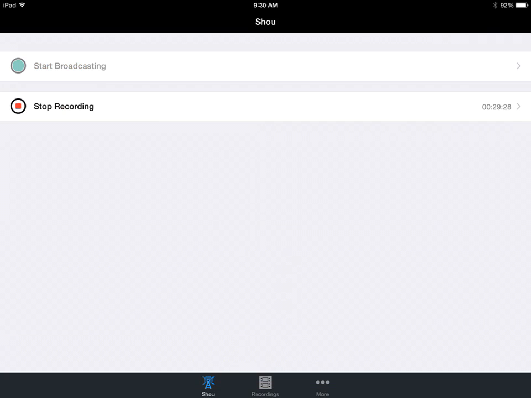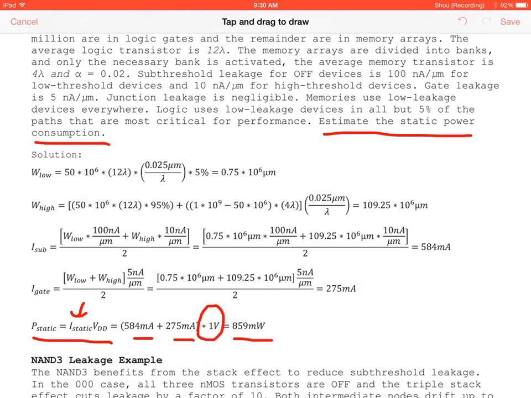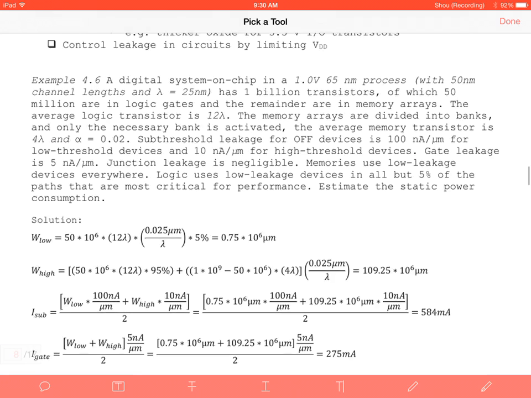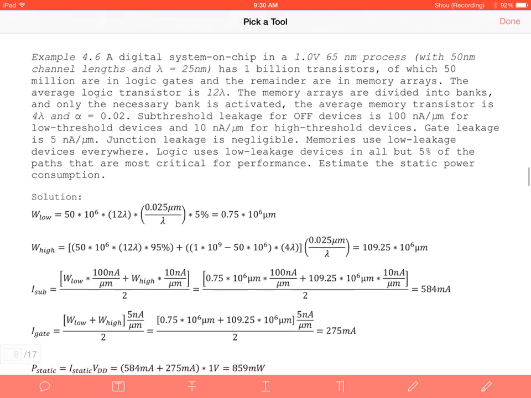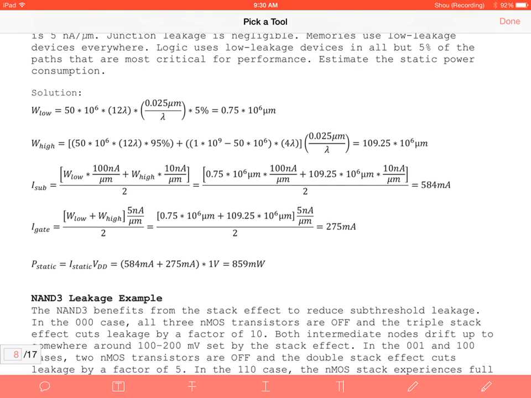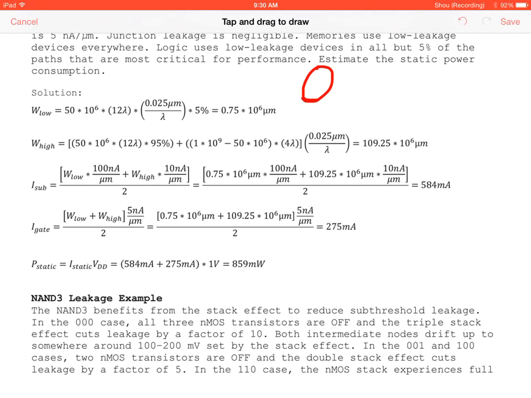So the whole idea of this particular problem is that we have some sort of transistor chip, and some of it's doing logic, some of it's doing memory, and we want to calculate this subthreshold static power consumption. And what this means is we have these switching factors of 0.1 and 0.02, right?